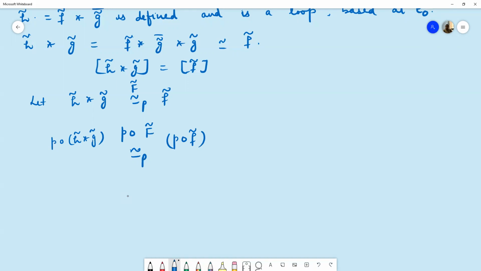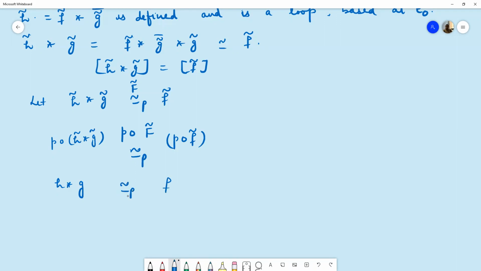And what is P circle H curl star G curl? This is H star G, because we know H curl star G curl is the lifting of H star G. So P composition with this mapping is just H star G, and P circle F curl is just F.